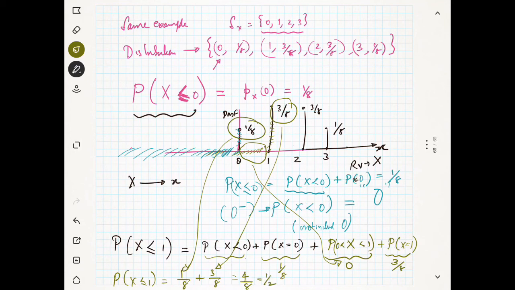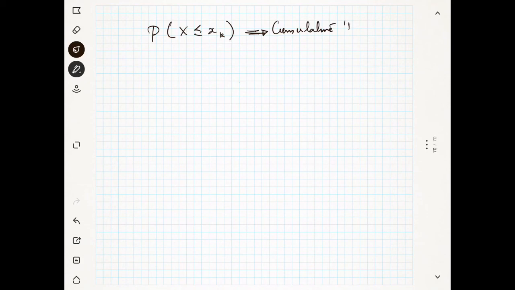And this kind of definition, the probability that x takes a value less than or equal to some value xk, is known as the cumulative distribution function.